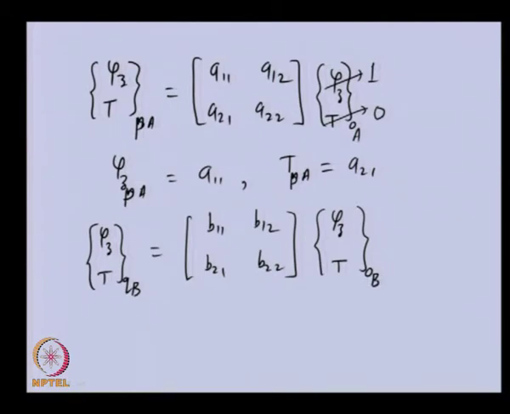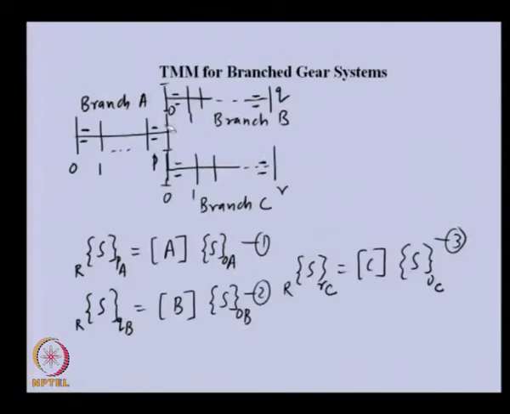At the junction point between gear A and gear B, let us say the gear ratio is NAB. So, that is nothing but phi Z at the pth station of branch A divided by phi Z at the 0th station of branch B. So, this is input, this is the output.